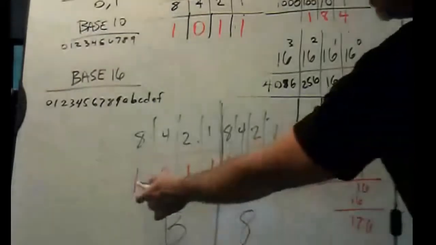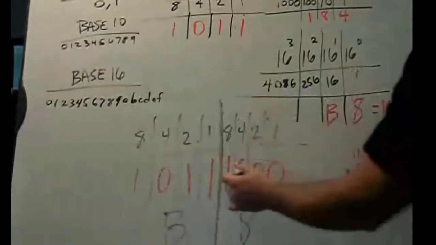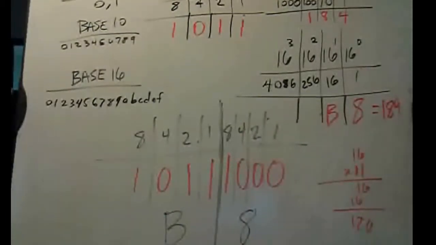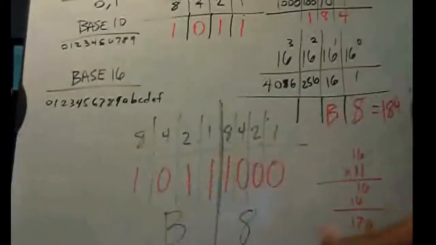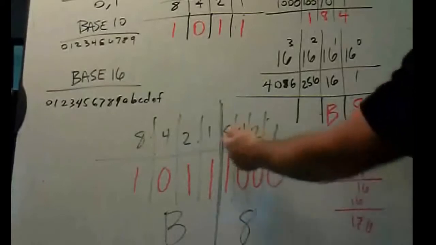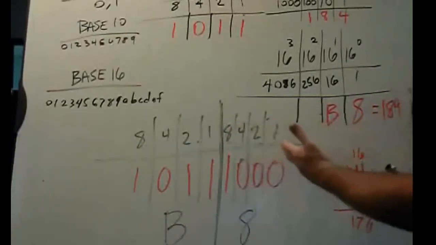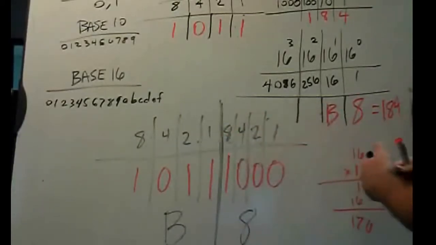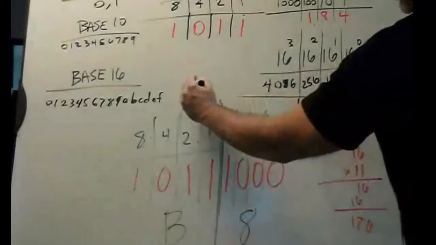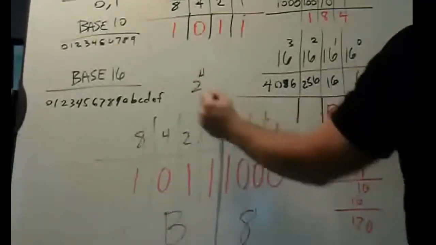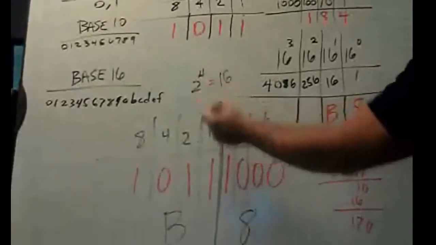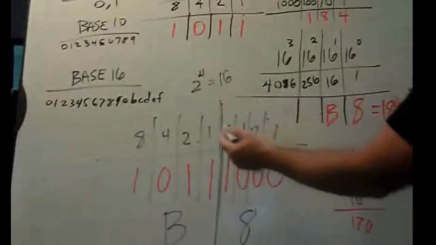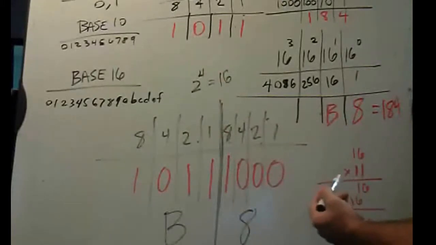So we can take 8 bits in binary, divide them into chunks of 4 bits, and easily convert each 4 bits to a hexadecimal character. Why is that? Well, 4 bits is 16 values. In other words, 2 to the 4th power equals 16, since 2 times 2 times 2 times 2 is 16.